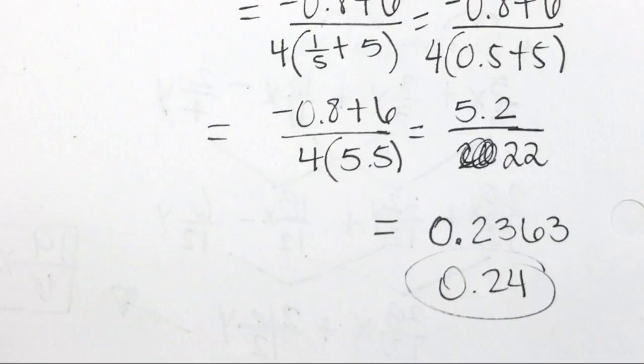So instead of that one, I would put one. Yeah, but this to the negative 6 power times 6.4.